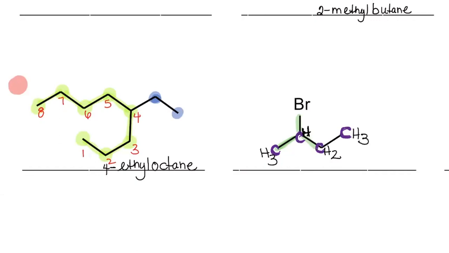So as you can see, if you're given a skeletal structure and you feel a little bit intimidated, no worries. Change your skeletal to condensed and then go ahead with your naming. Really quick, what would be the name of this compound? 4 carbon atoms in a row as our longest carbon chain. We have a substituent on carbon number 2, which is a bromine.